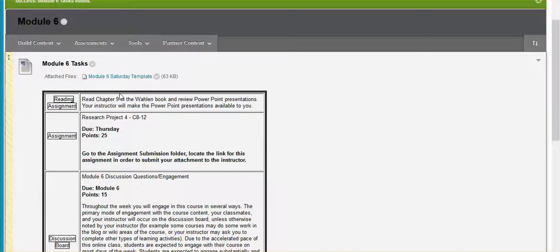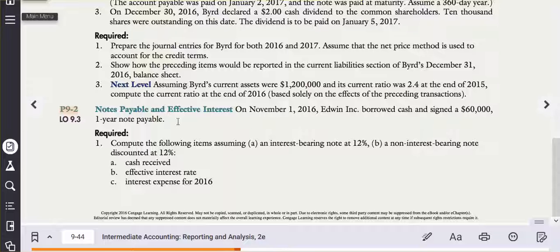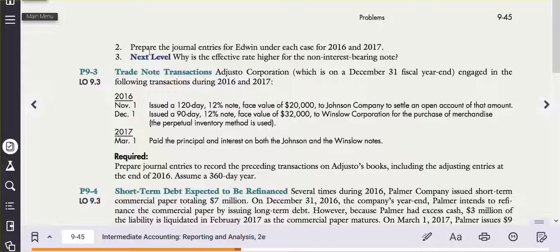There's a template provided for you. If we look at that real quick, the first one that you have to do is problem 9.2. They ask you to compute some information here, and then do journal entries, and then do an explanation.